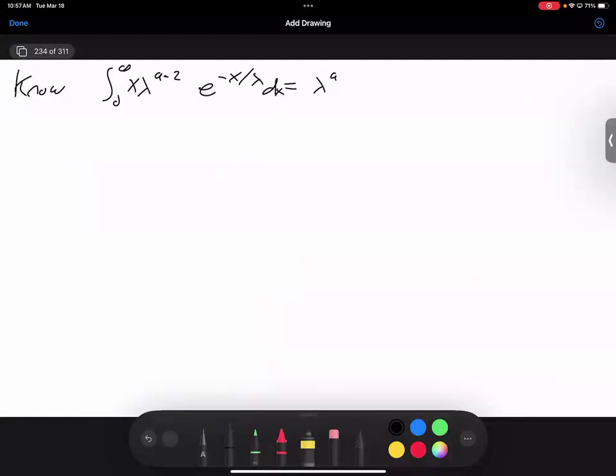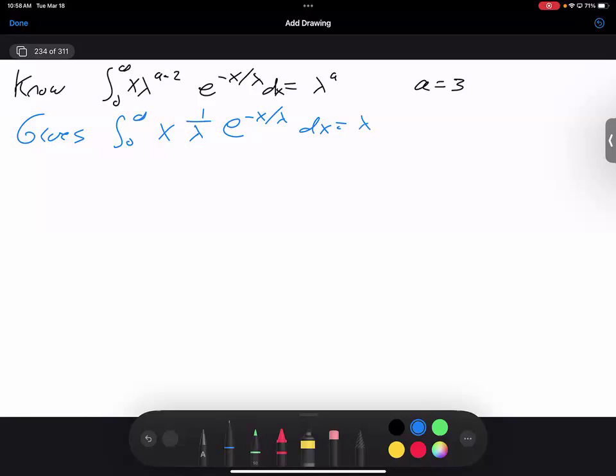Do we want to take derivatives as things stand? So we know a equals 3 is pretty good. And so that gives the integral from 0 to infinity of x 1 over lambda e to the negative x over lambda dx equals lambda. What should I do now to both sides?